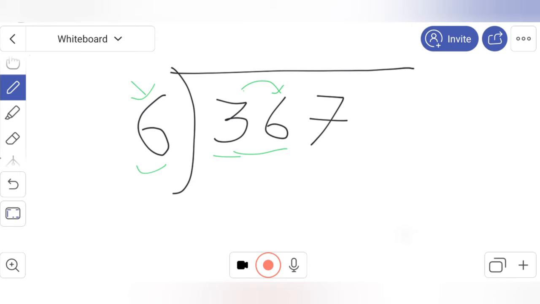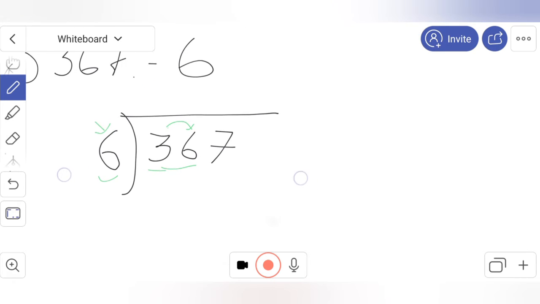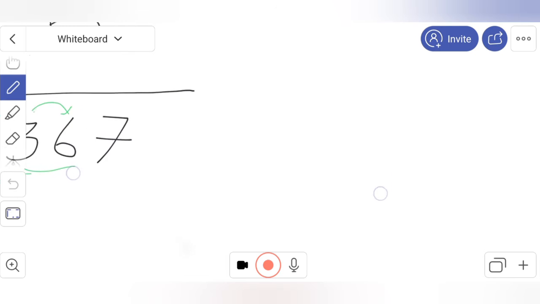So 6 multiplied by what number will be 36? So for that, go to the 6 table. So how is the 6 table? 6 1 is 6, 6 2 is 12, then 6 3 is 18. Yes or no?